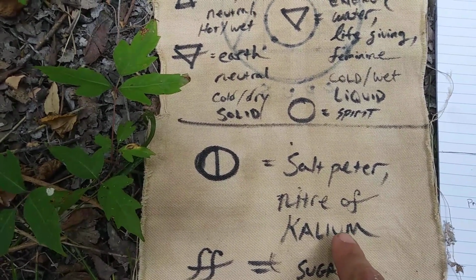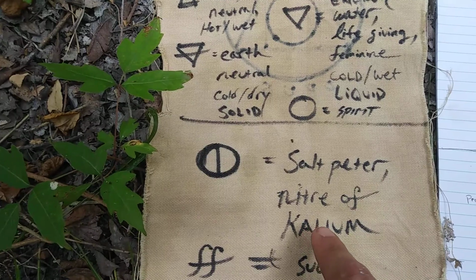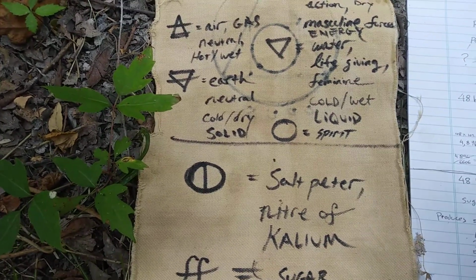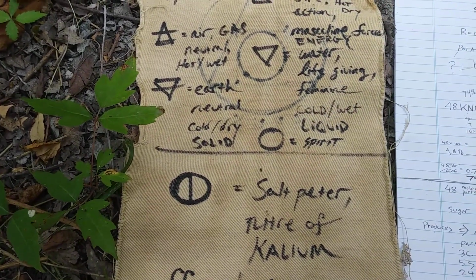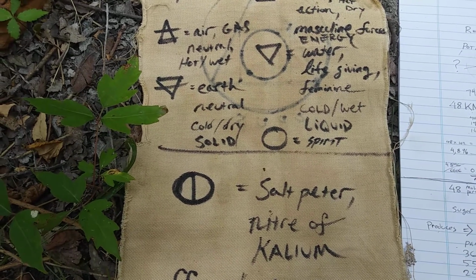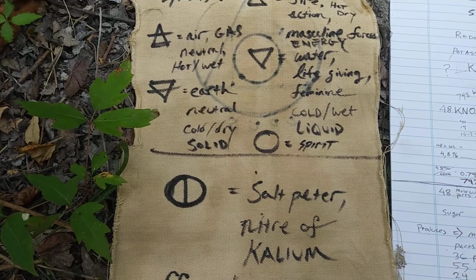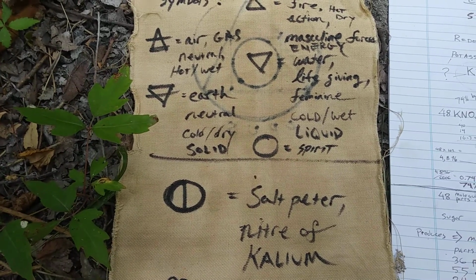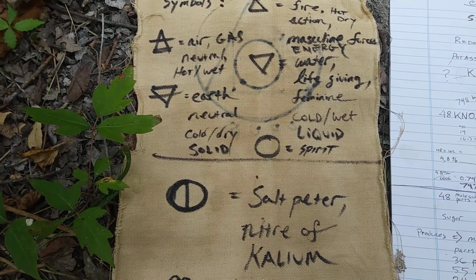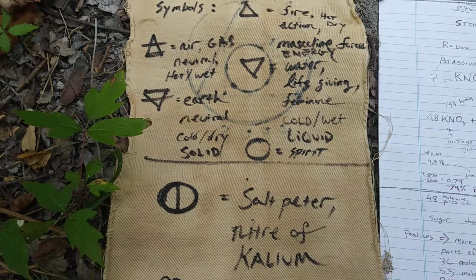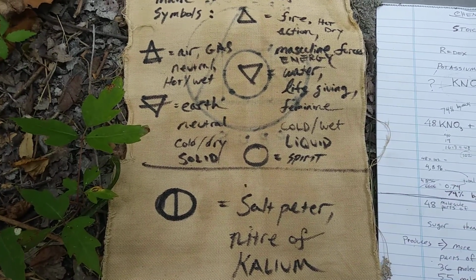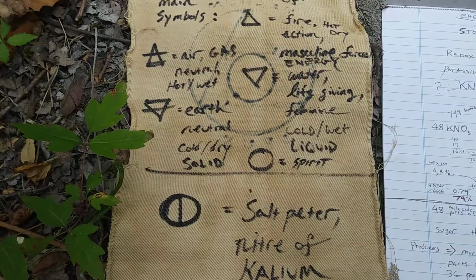Now, why would they call it that? Well, kalium comes from the word alkali. And alkali is two words again, al-kali. And it means, in the old, I believe it's either Latin or even Arabic, I think, that which is derived from the calcinated ashes.